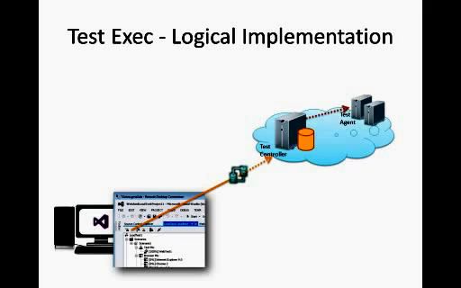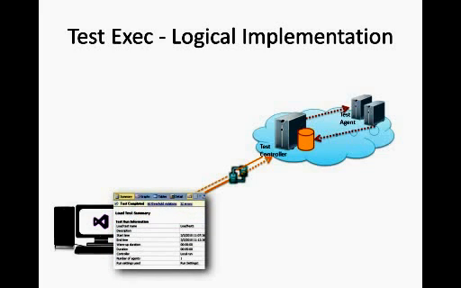The test controller looks at the agents that are available, finds the agent, does the orchestration, passes on the message to the test agent to start executing the test. The test agent does the test execution and feeds the data back, as in the test results, to the load test database, and which is further fed back to the on-premise dev workstation.